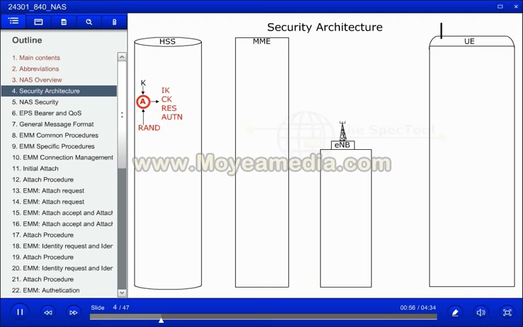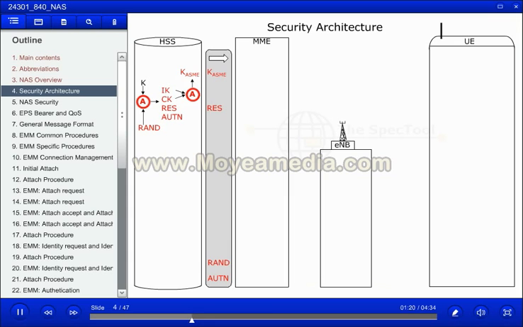The integrity key and the ciphering key will be put into another algorithm to form the Key Access Security Management Entity, K-ASME. The K-ASME, the RES, the RAND, and the AUTN will be sent to the MME.